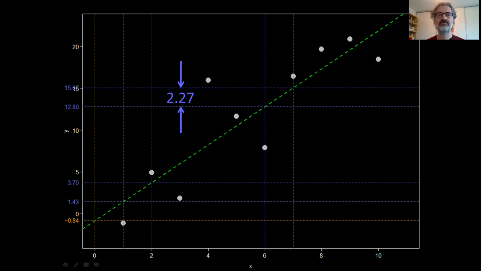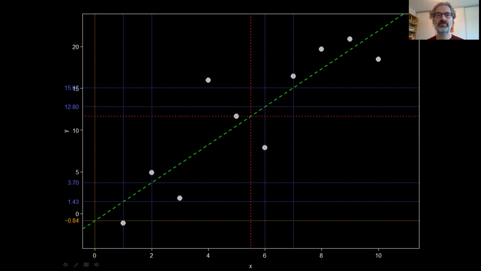So that's how fast the line is rising, or how much the line is sloping, the slope. If you have a point as the intercept and the rate of rise as the slope, then the line is fully defined. And this is the line we use to predict y from x.